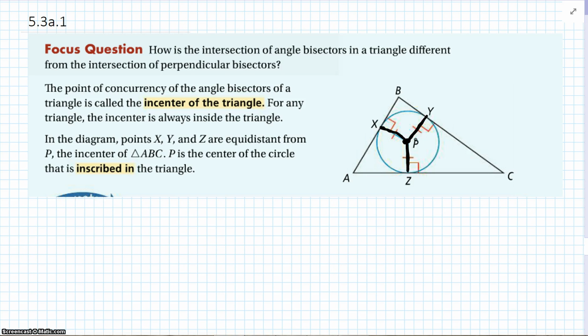That point of concurrency right there is called the incenter of the triangle. And what do we know about the incenter? We know that's where all the angle bisectors of a triangle intersect. So this will always be inside the triangle. And the point for the incenter is always equidistant to each side.